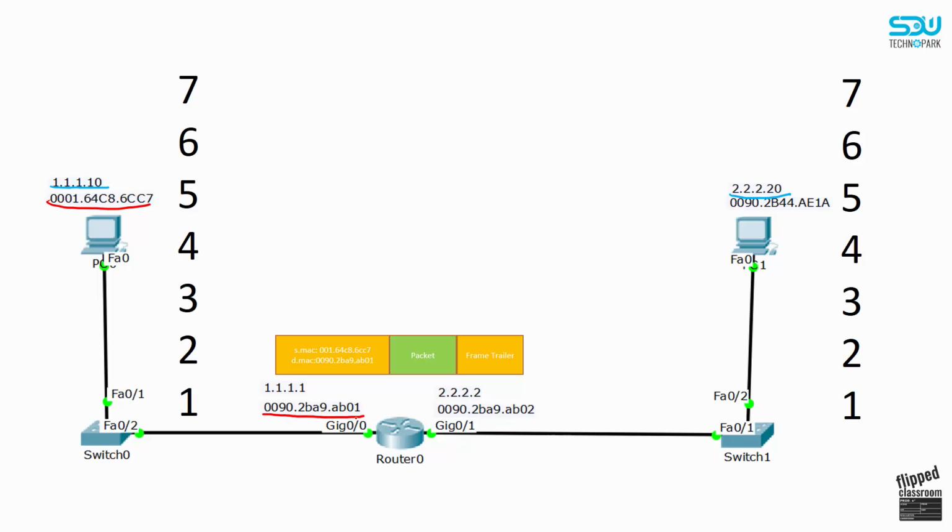Are you surprised? Maybe you think that the destination MAC address is going to be here, but let me tell you, the MAC address is used locally. So MAC address is used for local communications, communication inside one network.